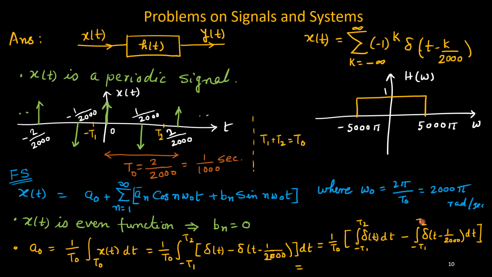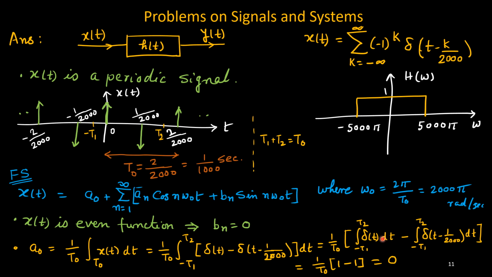Again here, within this range, this function is also existing, located here, so it is also a delta function and its area is again 1. Thus this is 1, this is again 1. So 1 minus 1 is 0. Thus a0 is 0. I think you understand the properties of the unit impulse.